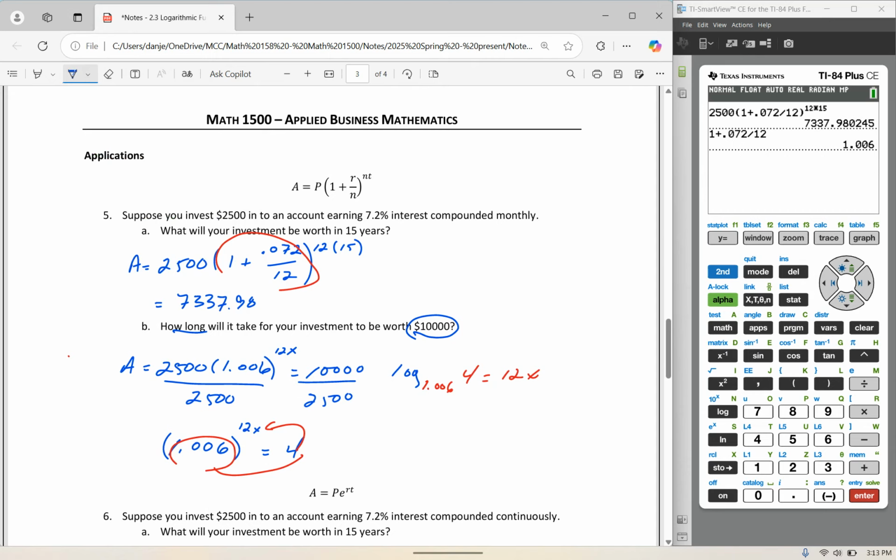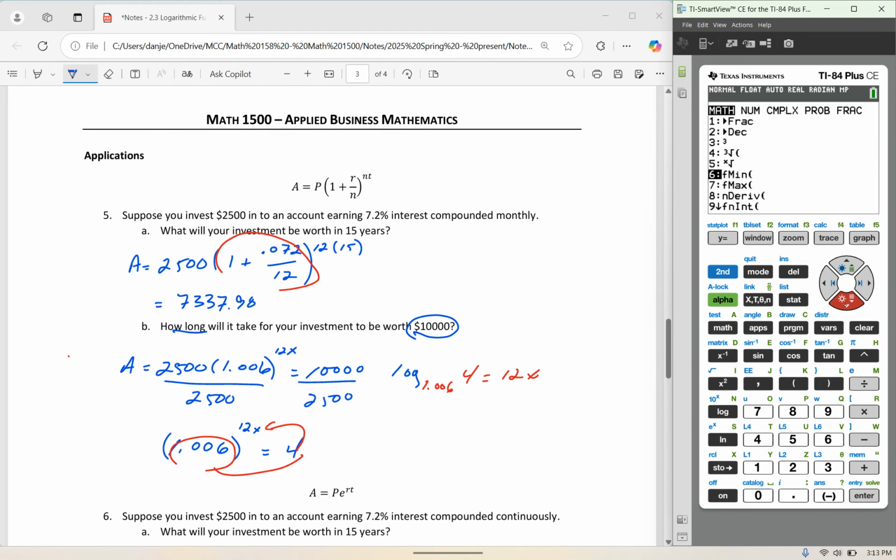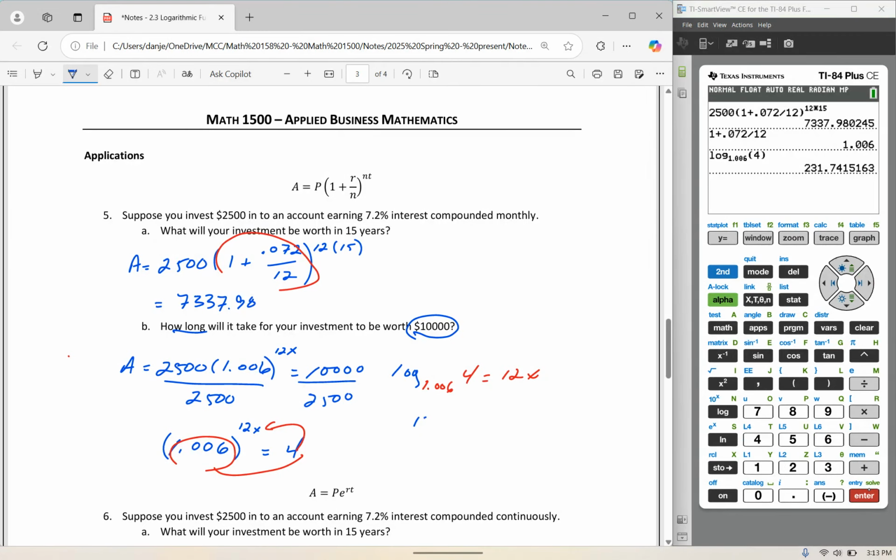So now if I just simply use my log base, math, option A, log base 1.006 of 4 is 12x. So the 12x I know equals 231.74.